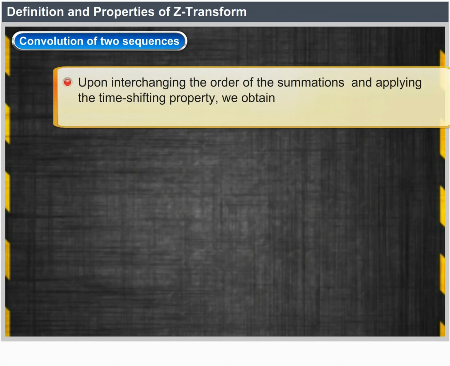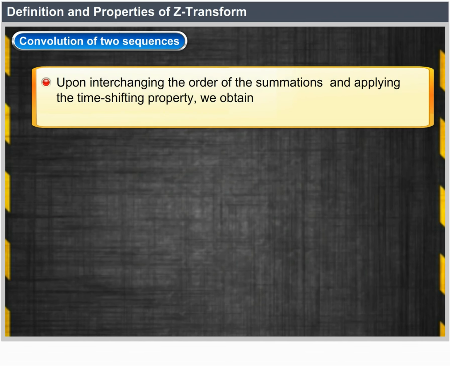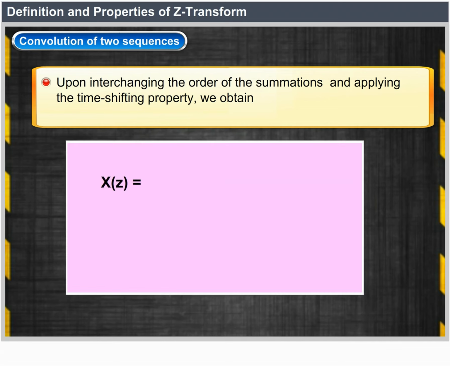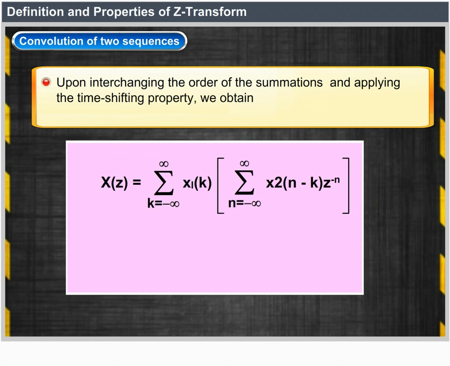Upon interchanging the order of the summations and applying the time shifting property, we obtain X of z equal to summation k equal to minus infinity to plus infinity x1 of k into summation n equal to minus infinity to plus infinity x2 of n minus k into z power minus n, equal to X2 of z into summation k equal to minus infinity to plus infinity x1 of k into z power minus k, equal to X2 of z into X1 of z.